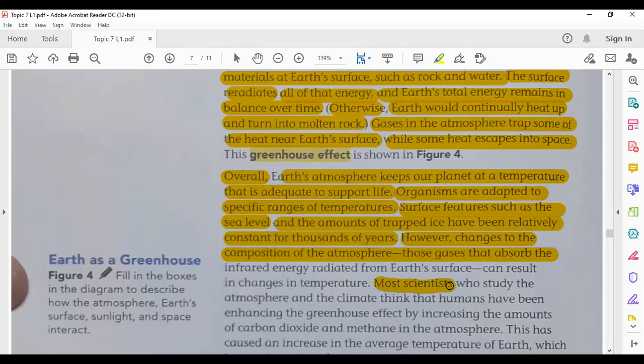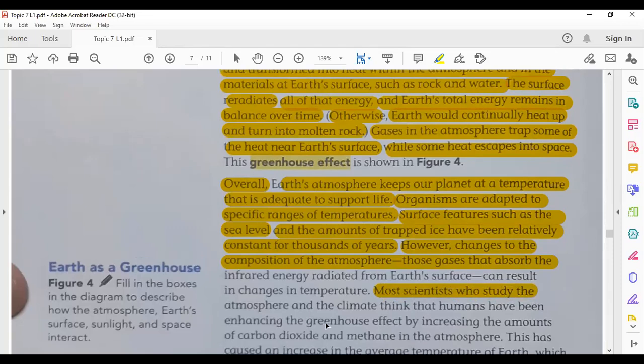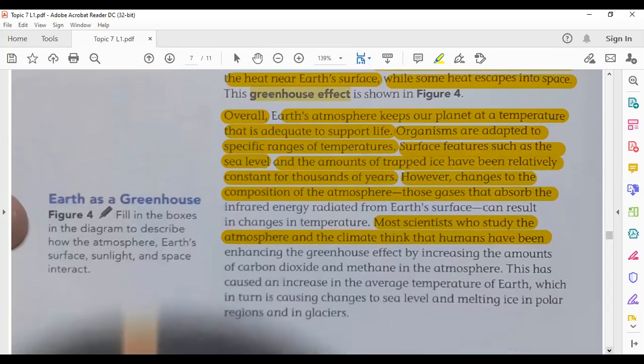Most scientists who study the atmosphere and the climate believe that humans have been enhancing the greenhouse effect by increasing the amounts of carbon dioxide and methane in the atmosphere.